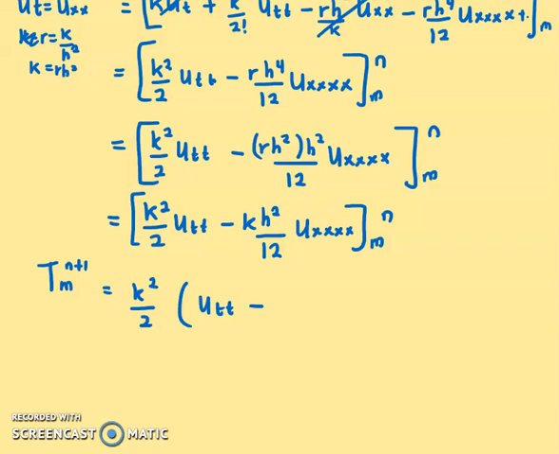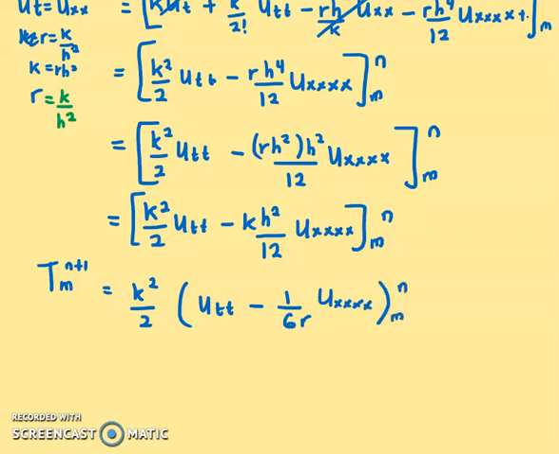Since r equals k over h squared, I can write this as 1 over 6, because 6 times 2 is 12, r u_xxxx.